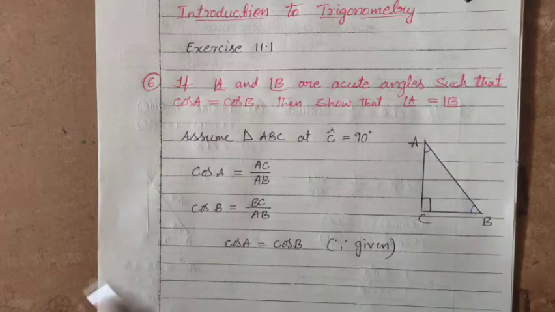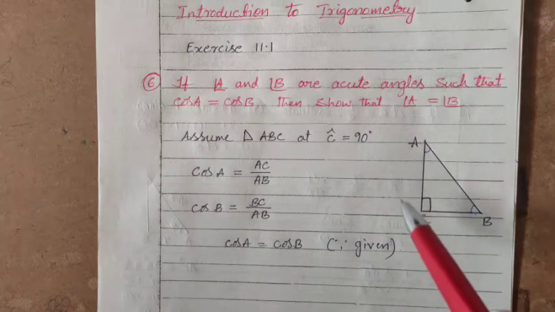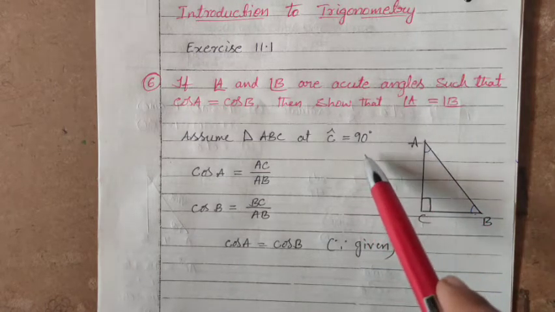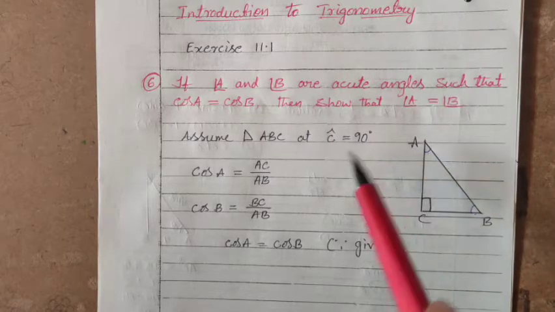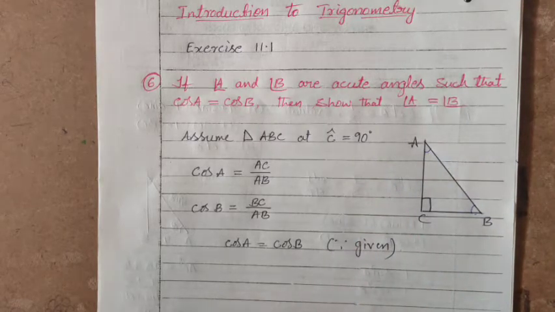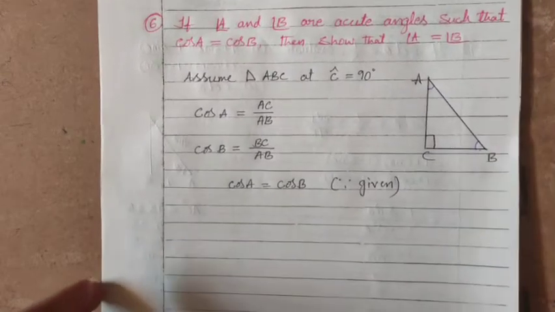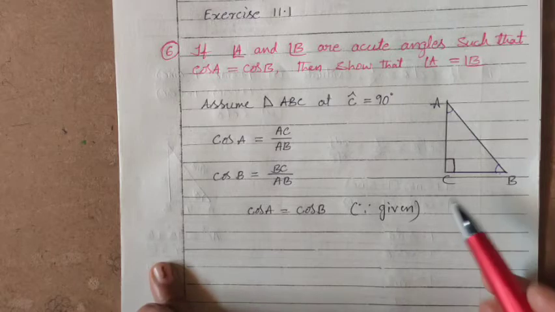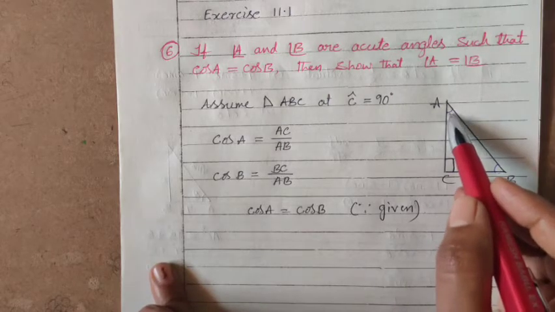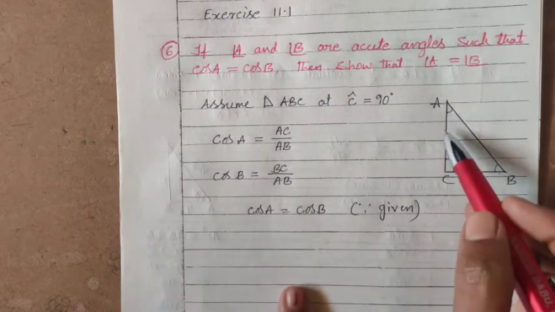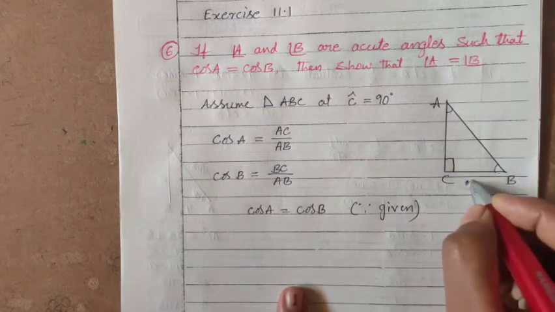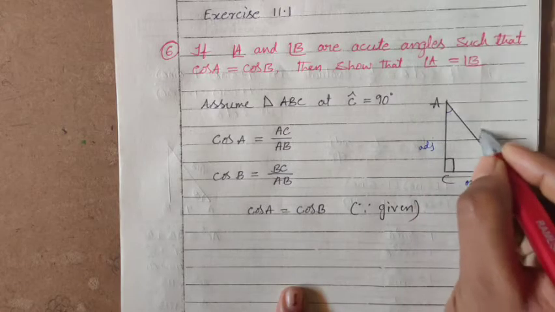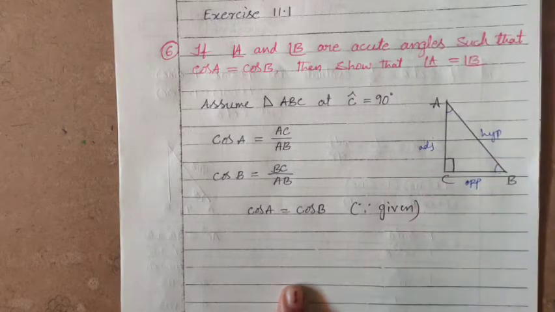Now let us assume this is a right angle triangle. Here the angle C is 90 degrees. Now I take cos A. Observe this one, this is angle A. This is the opposite side, this is the adjacent side, and this is the hypotenuse side.